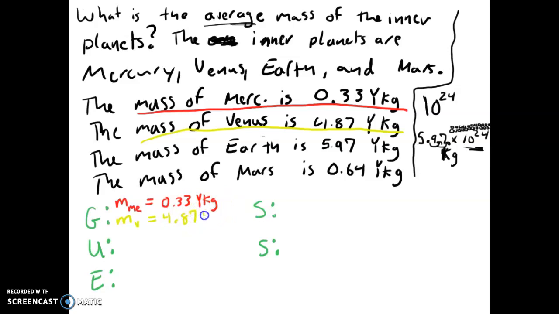The givens are always going to have some kind of number associated with them. Otherwise, it wouldn't be given; it would be unknown. So I'm going to keep writing here. Let's go do blue for Earth. Mass of Earth, 5.97.